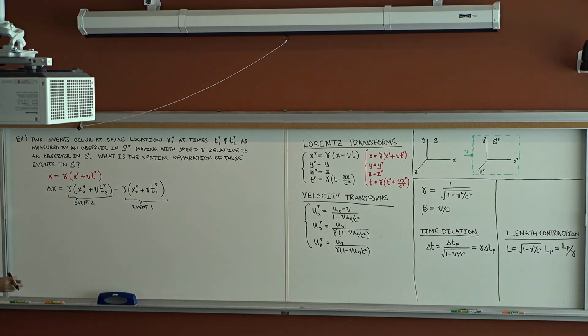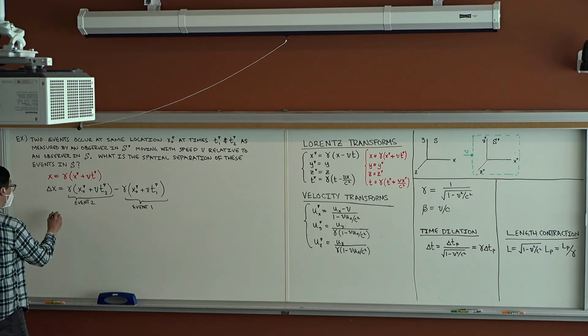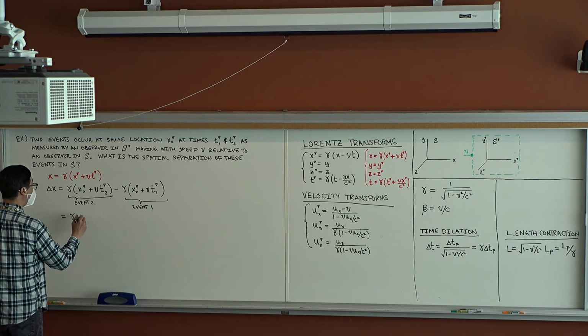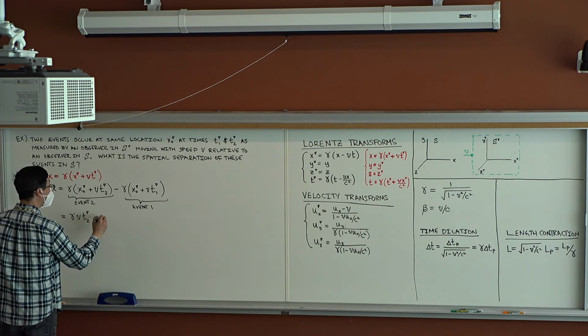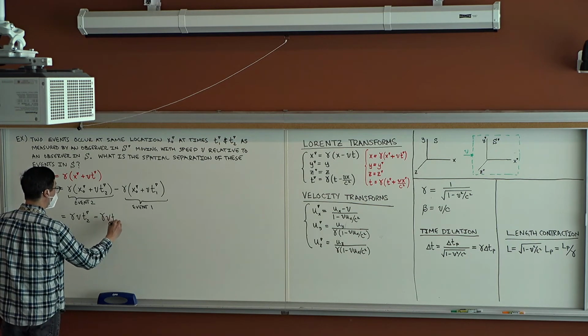Something nice happens here, right? A lot of this stuff drops out. Note that we have gamma times x0 prime minus gamma times x0 prime. And so we are left with gamma times v times t2 prime minus gamma times v times t1 prime.